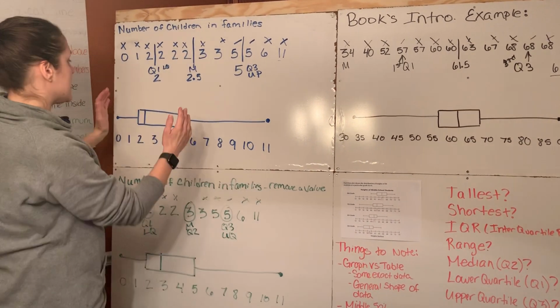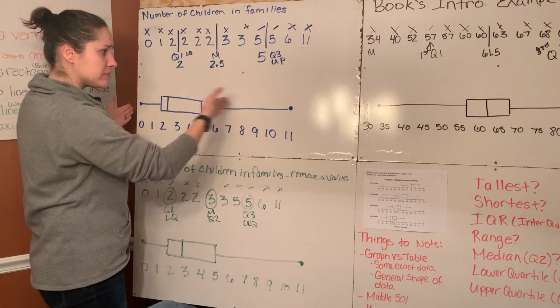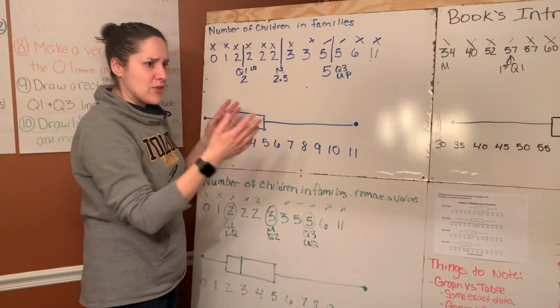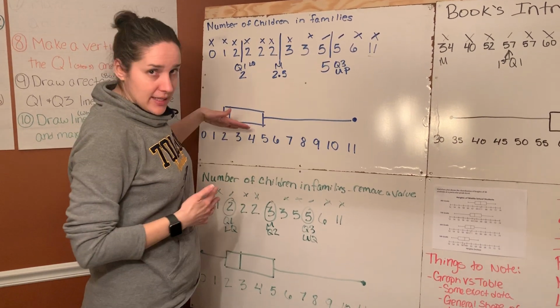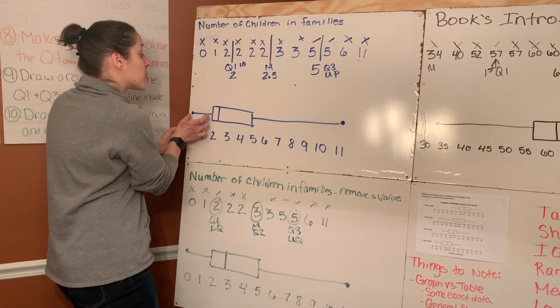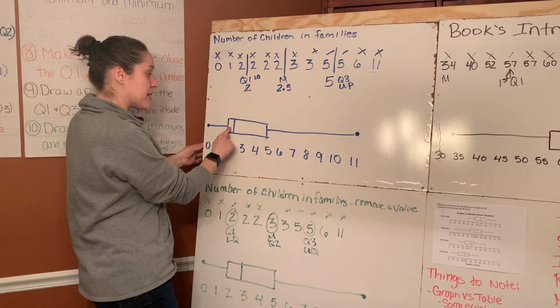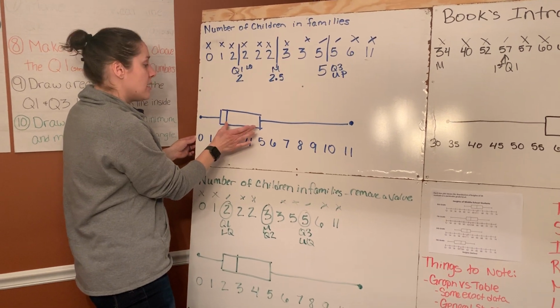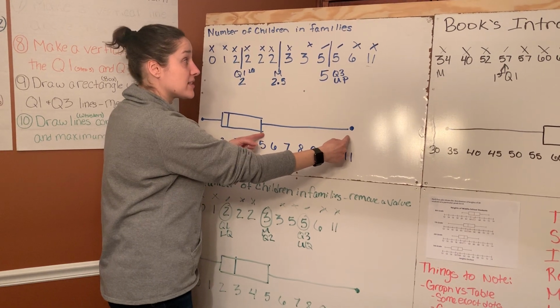On a typical fraction strip, those fourths would be evenly spaced. These aren't evenly spaced, but what is even about them is that a fourth of the people are in this section, a fourth of the people are in this section, a fourth of the people are in this section, and a fourth of the people are in this section.